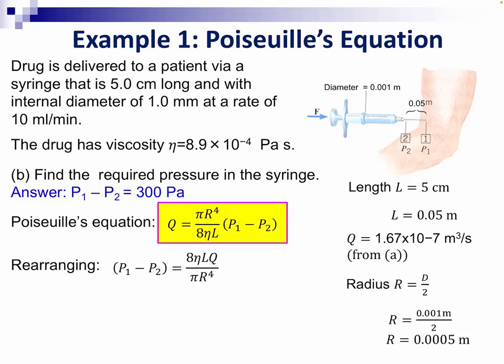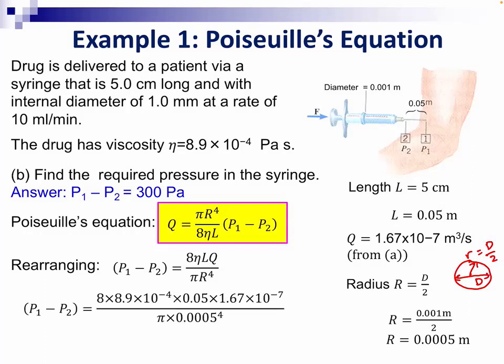If this is the circle, the diameter is the whole length here. That's the diameter, so the radius will be half the diameter. And you have everything that you need to solve for the pressure difference, which is around 302.7 pascals.